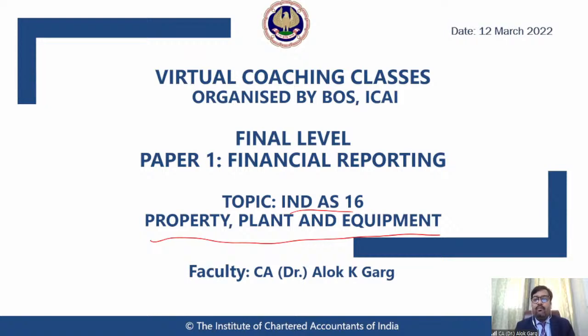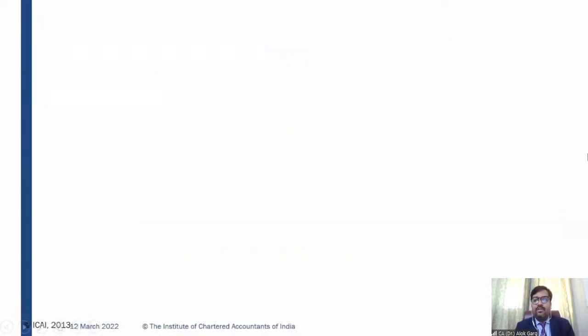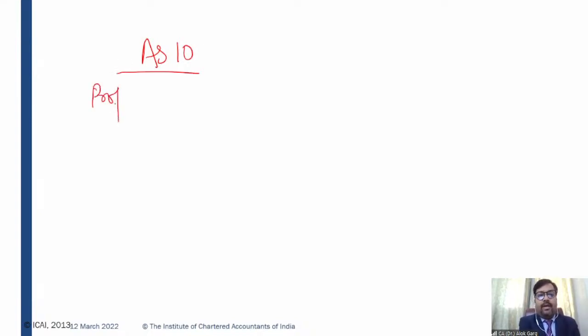Before jumping into this particular standard, let us understand how many standards are available in India which talk about property, plant and equipment. First of all, we'll talk about our old accounting standard, AS 10. The title of AS 10 is again property, plant and equipment.